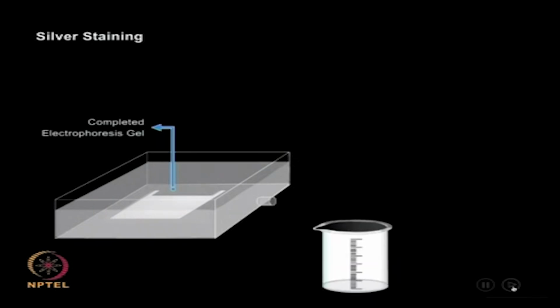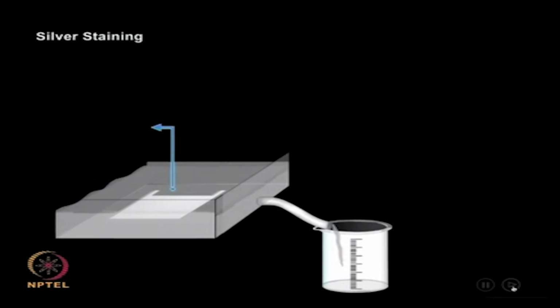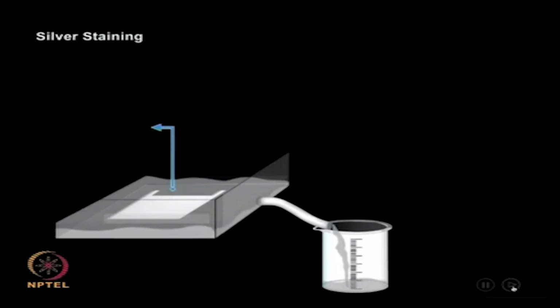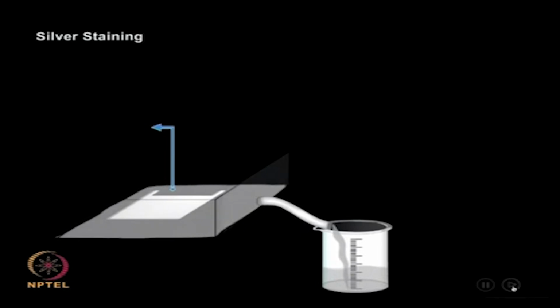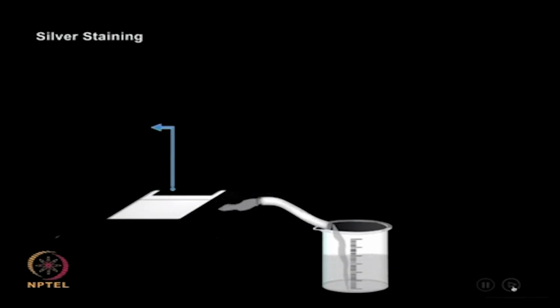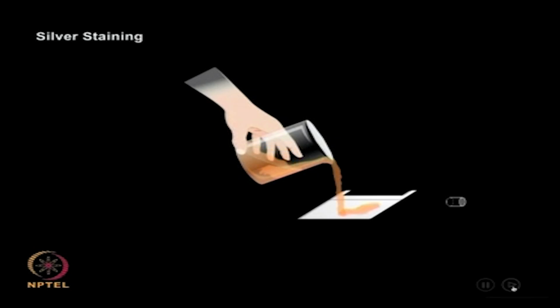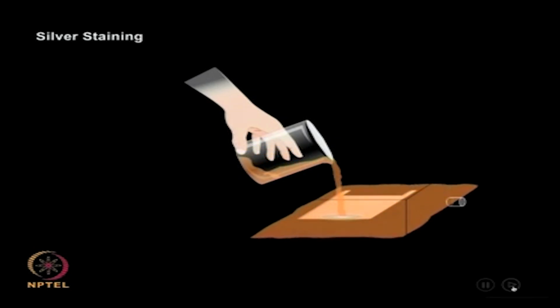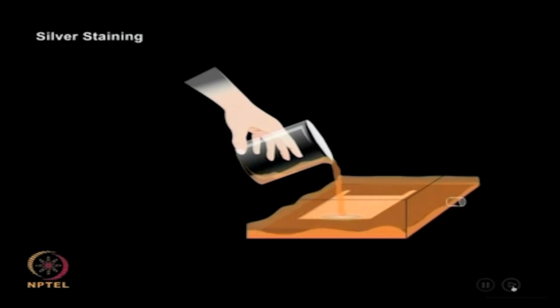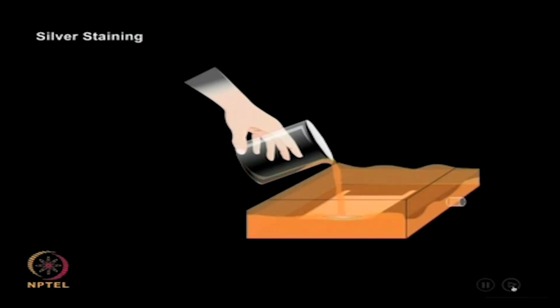This step must be subjected to gentle shaking for around 30 minutes, after which the silver stain solution is added. After adding the silver solution, the gels are rocked gently in order to allow for proper and uniform staining.